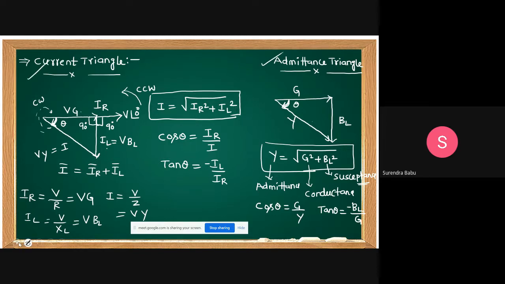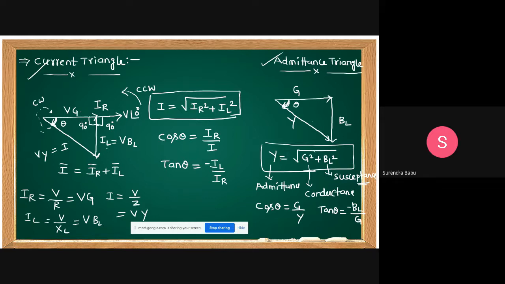The next one is, I want to draw the power triangle. How to get the power triangle, students? Can anybody? Each branch of the admittance triangle is multiplied by which term?